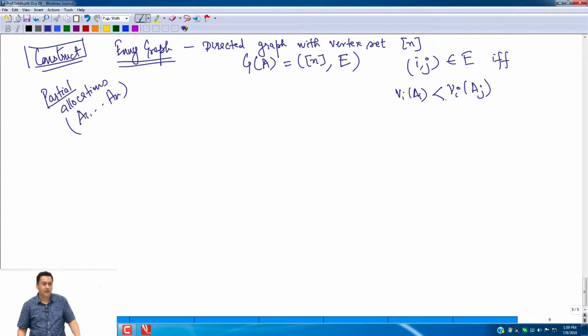This is the condition for envy: i looks at its own current bundle, A_i, and says, you know what, I would actually prefer j's. If this happens, you put a directed edge between nodes i and j that represent agents i and j respectively. Okay, so this we have already seen.